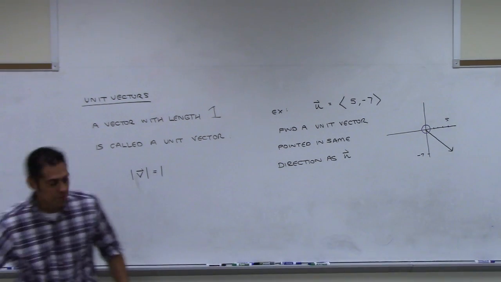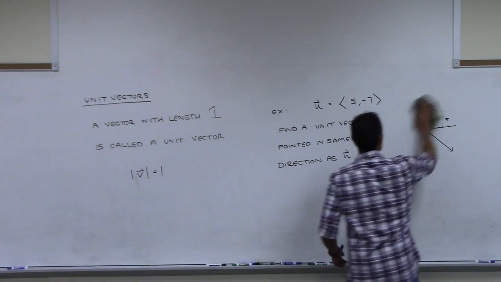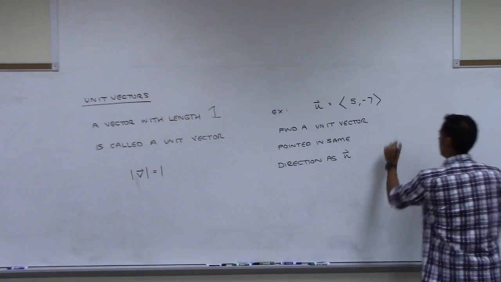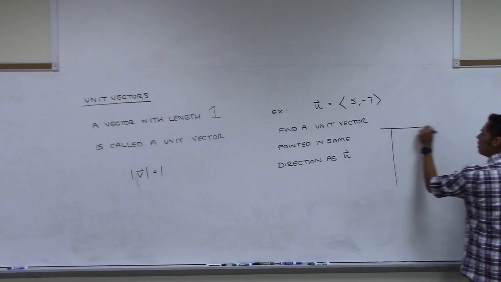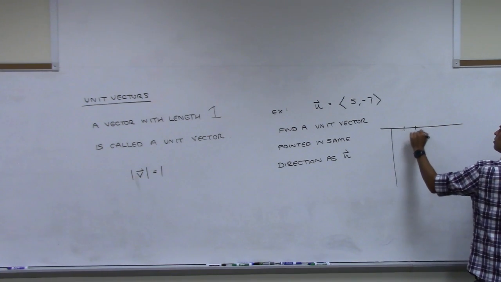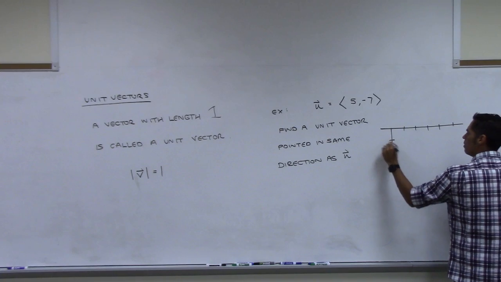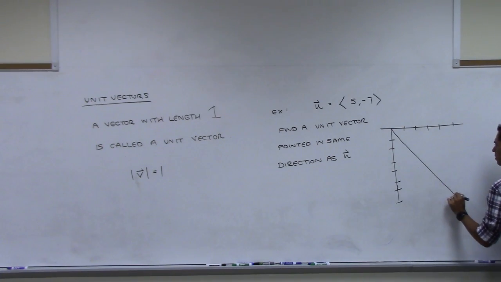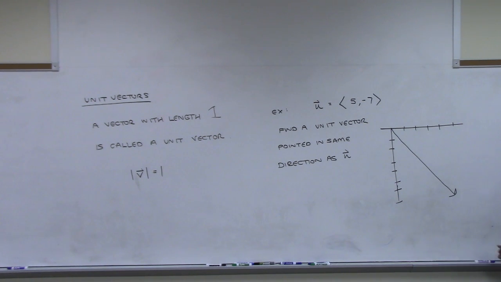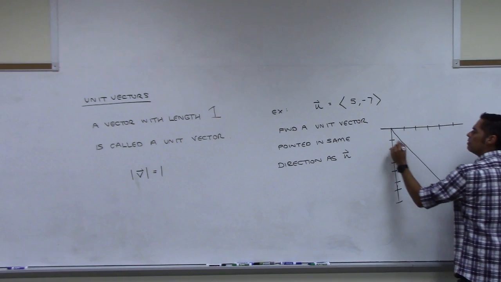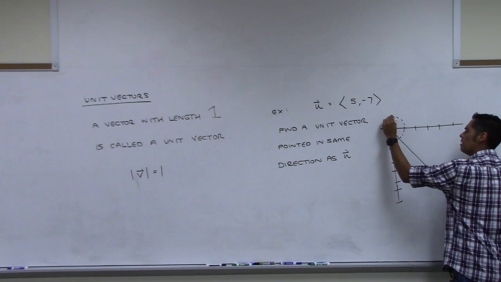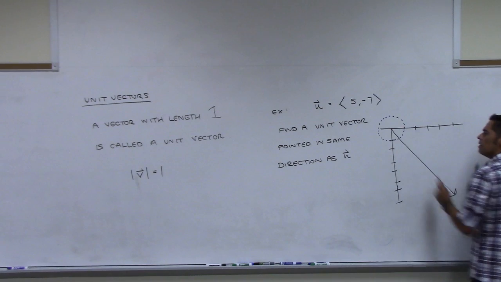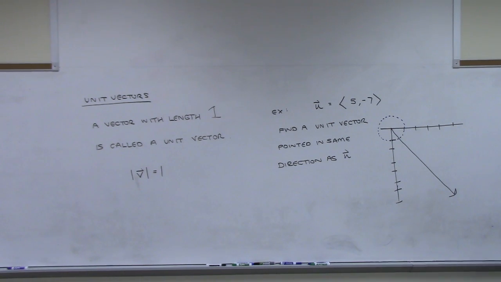So I'm going to zoom in on this picture a little bit more. One, two, three, four, five. 1, 2, 3, 4, 5, 6, 7. So that vector was like this, right? Can we find a unit vector that points in the same direction?